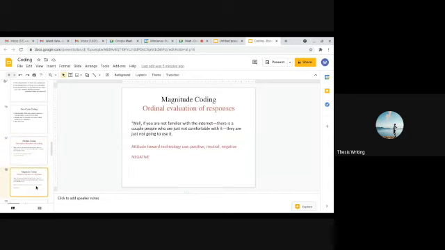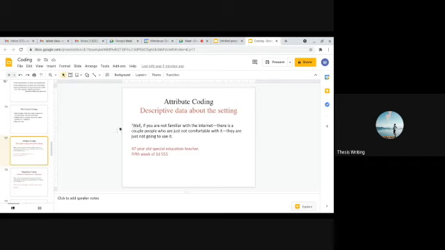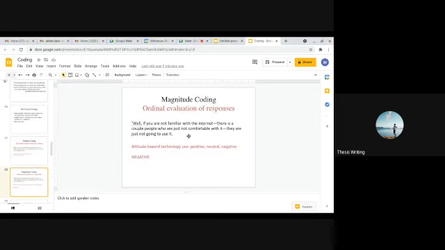And then, ano bang i-code mo? Yung descriptive data, yung mga descriptions sa respondents. Then you have the Ordinal Evaluation, wherein you try to code what is important, what is least important, what is positive, what is negative, what is neutral in the statements.